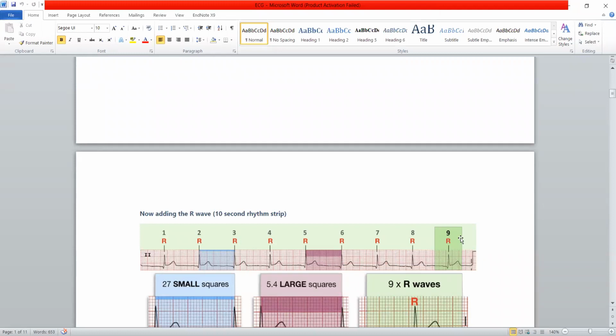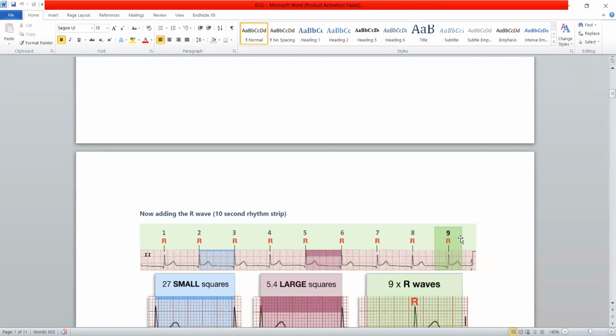One is to count the large squares between 2 R waves and divide 300 by it, or count the small squares between 2 R waves and divide 1500 by it, or if the heart rhythm is irregular, or the RR interval is irregular, then we count the number of R waves in a 10 second ECG and multiply it by 6.